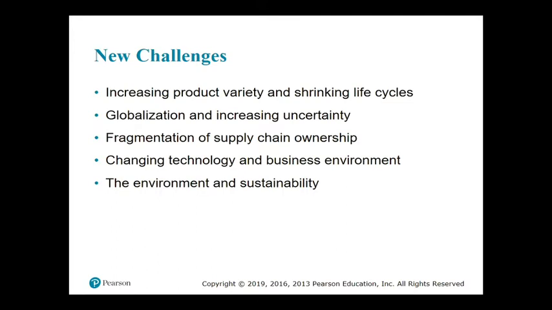All right, so, and in the end, I just want to mention some new challenges that in the past decade companies are increasingly facing. So one is that the product variety is ever increasing.